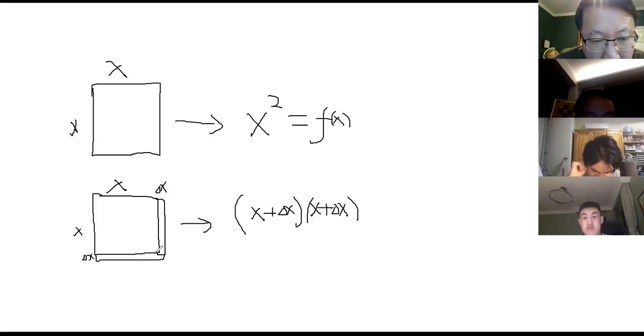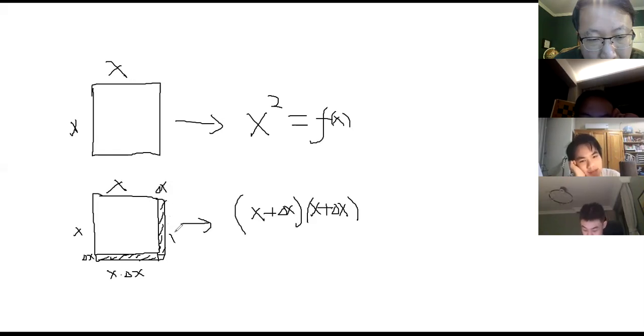If we look here, you're adding three pieces. One piece is this narrow bar. What's the area of this narrow bar? It's x times delta x. What is the other narrow bar? It's x times delta x. And this little square is delta x squared, delta x times delta x.